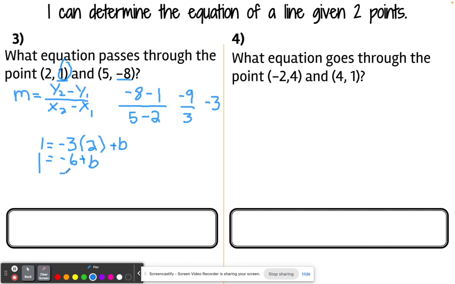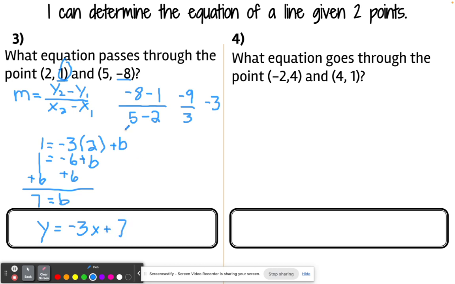Add 6 to both sides, and I will see that b equals 7. So my equation would be y equals negative 3x plus 7.